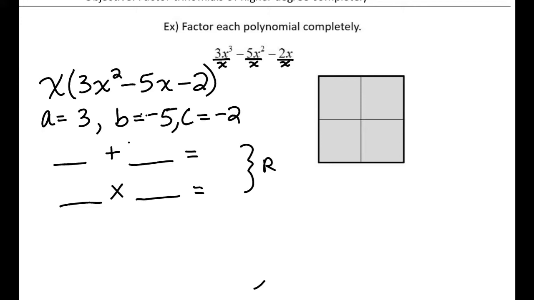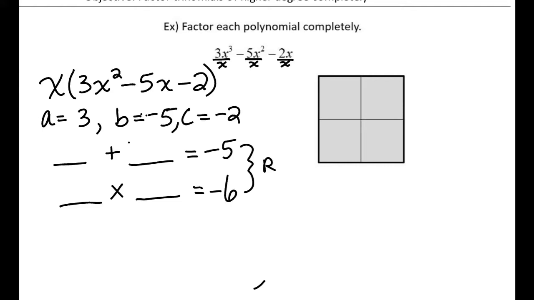Okay, ready? So what value do they both have to add up to? Okay, good. They have to add up to -5 and multiply to -6.